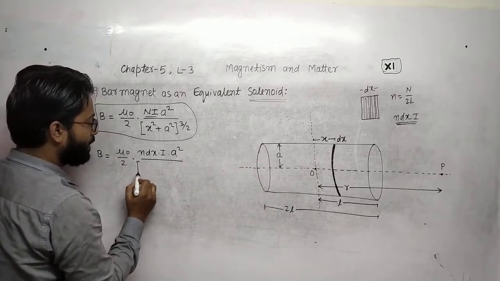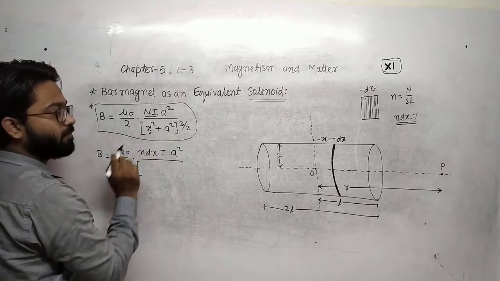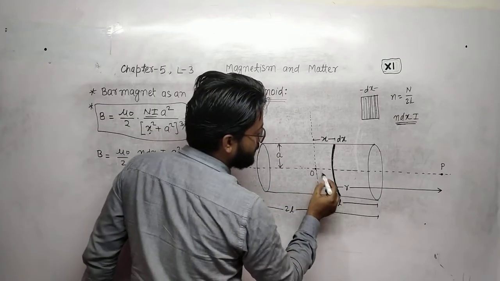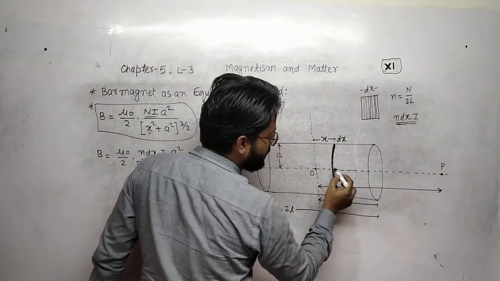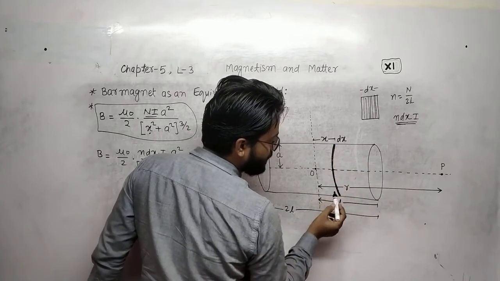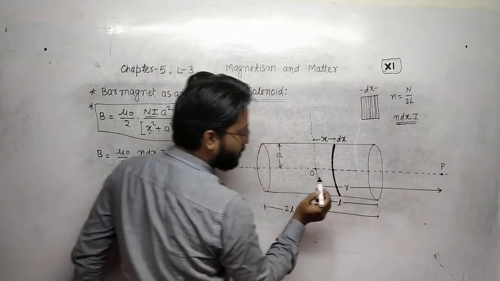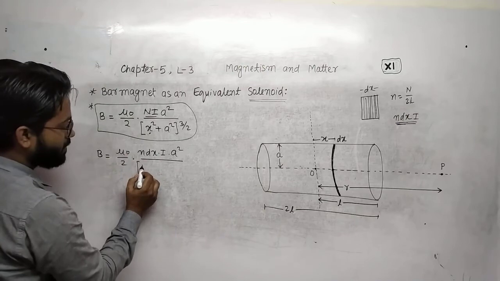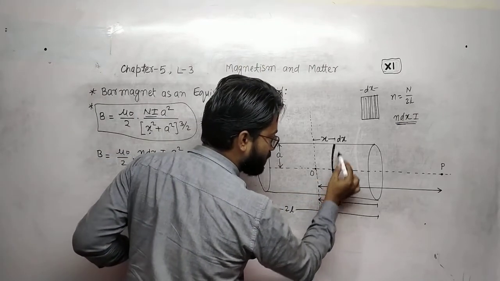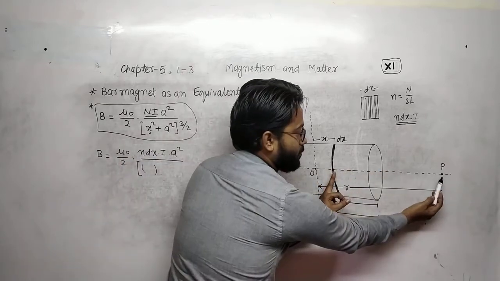Now x is what? x is the distance of that point from the center of the coil. But this coil has its center at this point. So in place of x we have to put the distance of the center of the coil from that point.